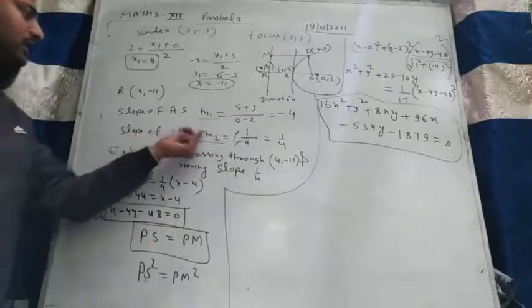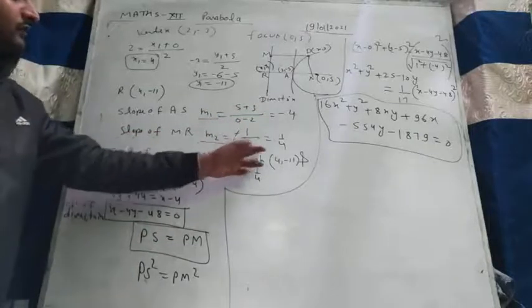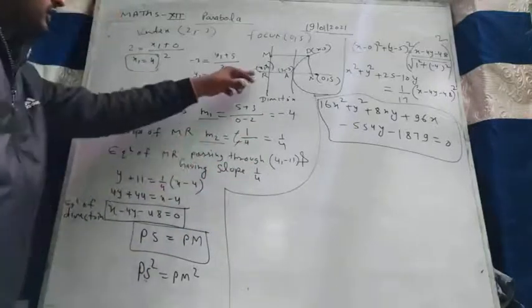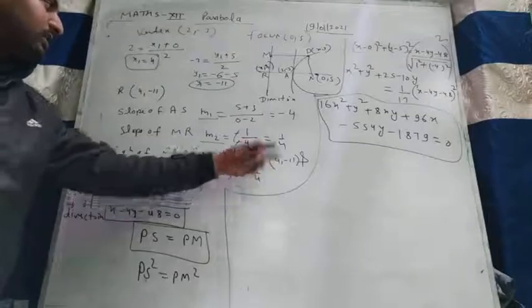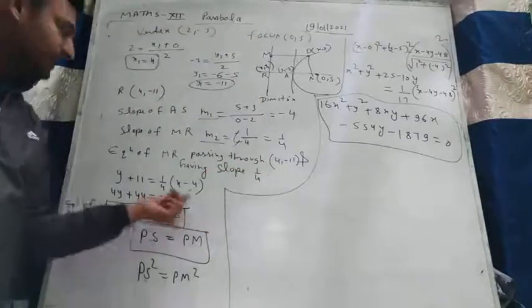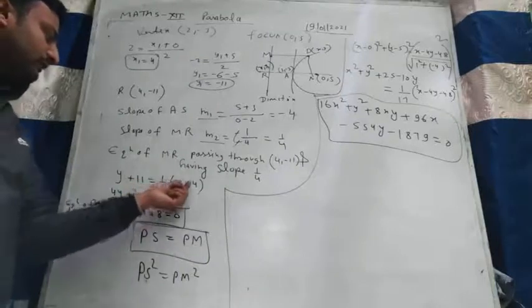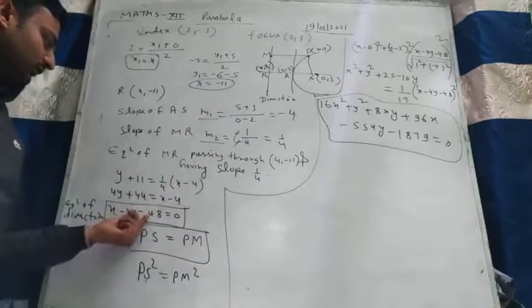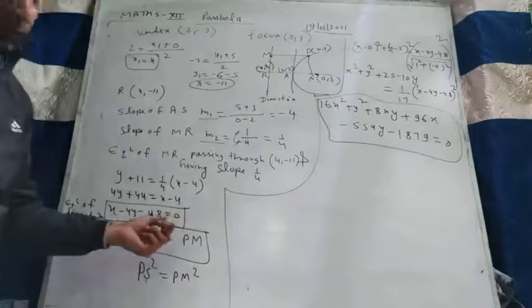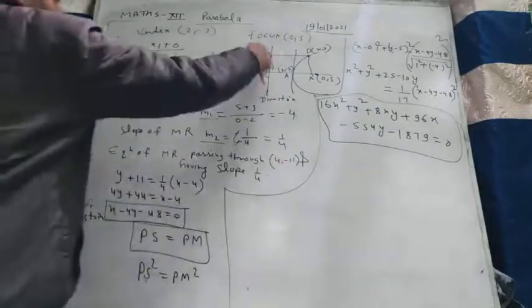The slope of MR is minus 1 by minus 4, so this is equal to 1 by 4. The equation of this line MR, which passes through the point 4, minus 11 and has slope 1 by 4, is y minus y1 equals m times x minus x1. Solving, we get x minus 4y minus 48 is equal to 0. This is the required equation of the directrix.